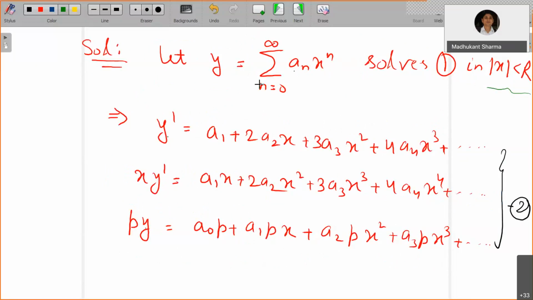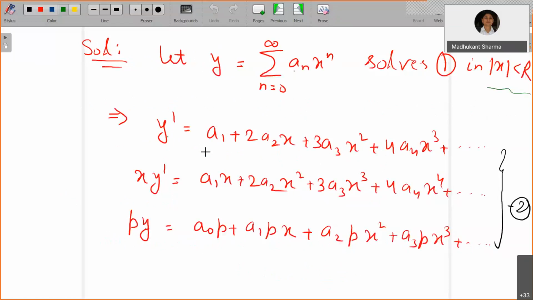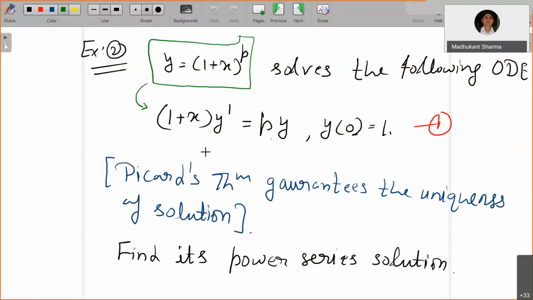So y dash, as we have already determined, is a_1 plus 2a_2 x plus 3a_3 x square plus 4a_4 x cube and so on. Now substitute these values in equation 1 and equate the coefficient of x to the power n on both sides, and try to get some relation among the constants a_n. So this set of equations represents equation 2, and equation 1 is the main equation.